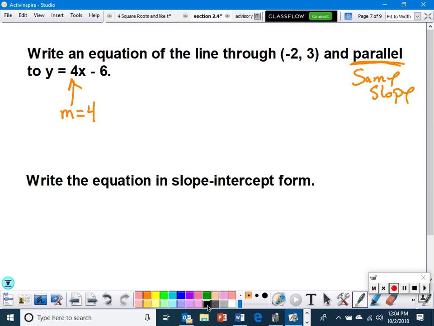All right. So I've got everything I need. Okay, my y value is 3. My slope is 4. And my x value is -2.